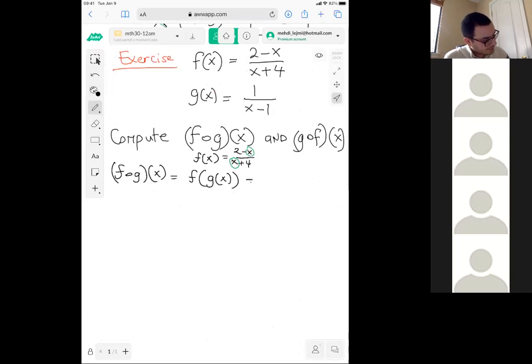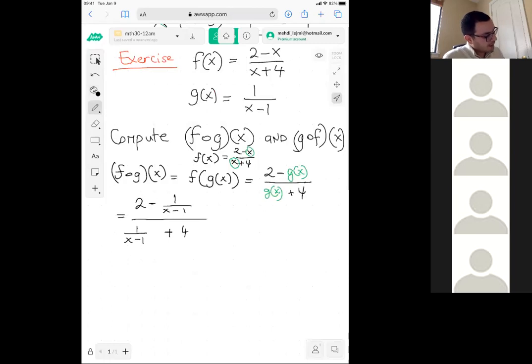So it's 2 minus g of x, divided by g of x plus 4. So let's do it: 2 minus g of x, which is 1 over x minus 1, divided by g of x, which is 1 over x minus 1, again, plus 4.